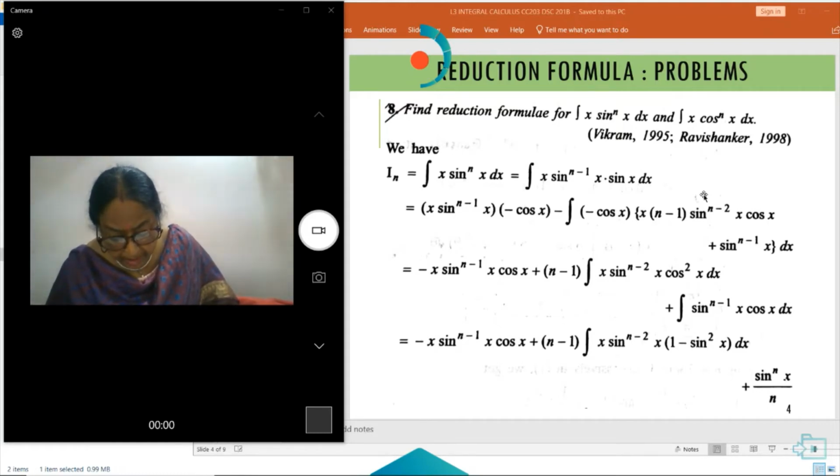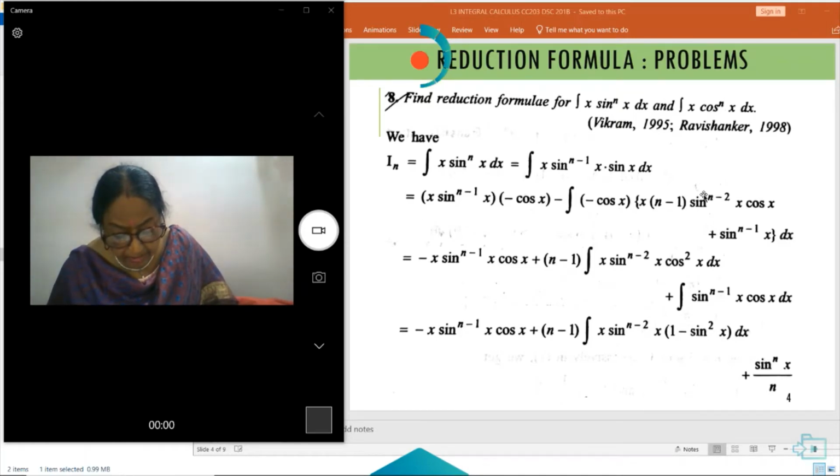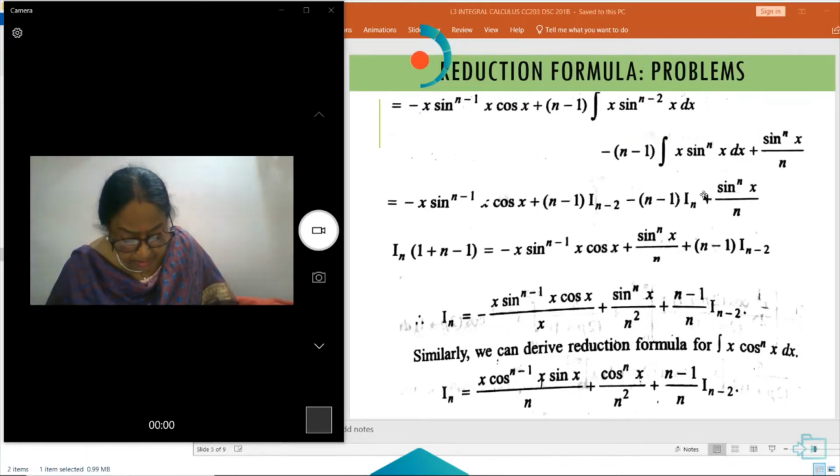Okay, then x into sine n minus 1 x into cos x plus n minus 1 x into cos square x can be written as 1 minus sine square x.